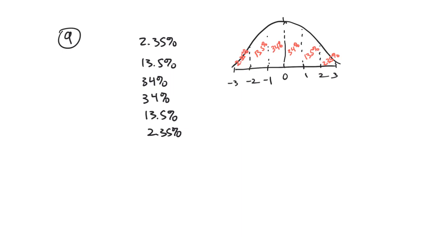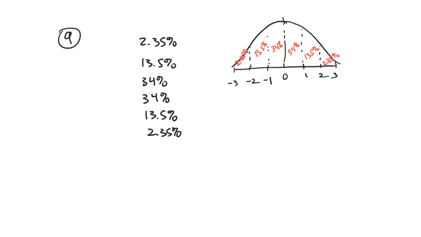So if you look at the observed number of days, they've got 16, 78, 212, and so forth. What we want to figure out is, what's 2.35% of 620? What's 13.5% of 620? What's 34%? If we line up those numbers, do they agree with this?